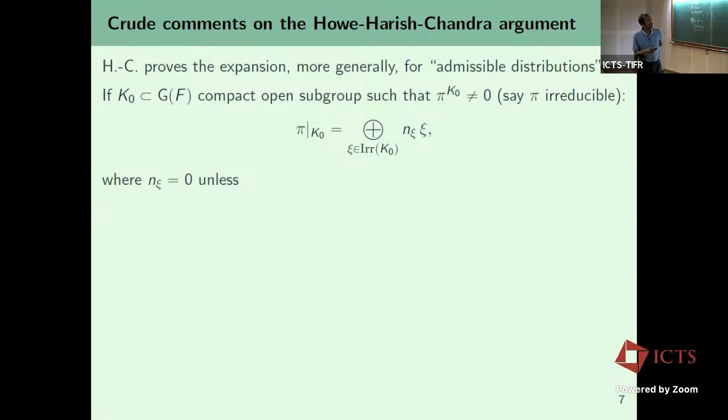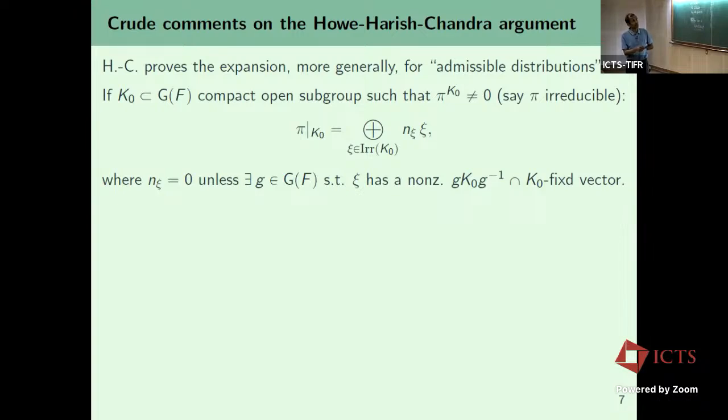Then one of the first observations made by Harishchandra is that if you restrict pi to K0, you can decompose it as a direct sum of irreducible representations of K0, where each coefficient is finite by admissibility. And one can say what are the various psis that contribute to it. The observation is that this is equal to 0 unless this psi has a fixed vector under a certain smaller compact open subgroup of this form.